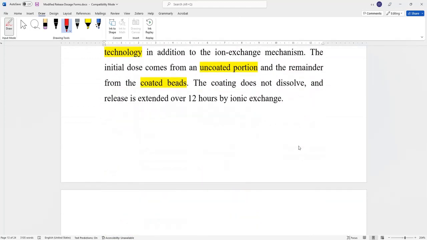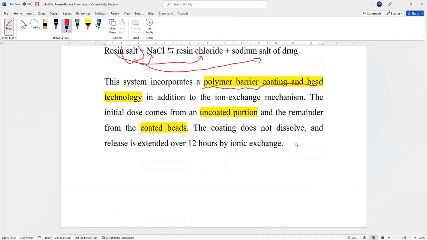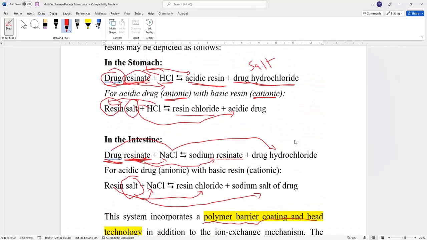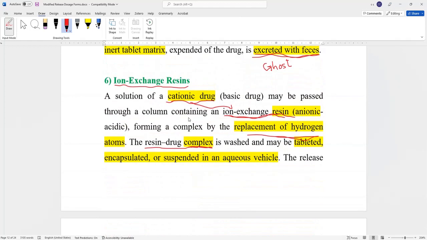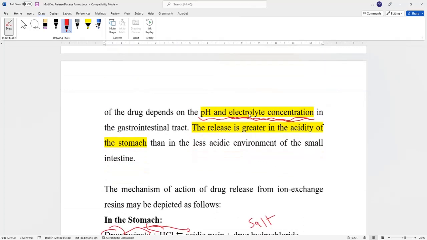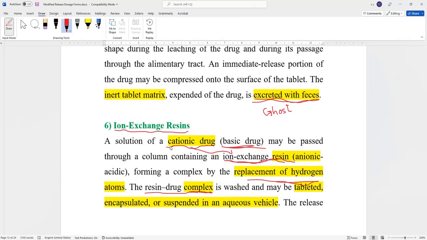This coating will help to regulate the release of the drug, because the release of the drug can be variable depending on the pH and electrolyte concentration. Of course, I don't have to say that when the drug is basic, the release of the drug is greater in the acidity of the stomach. When? When the drug is a basic drug.